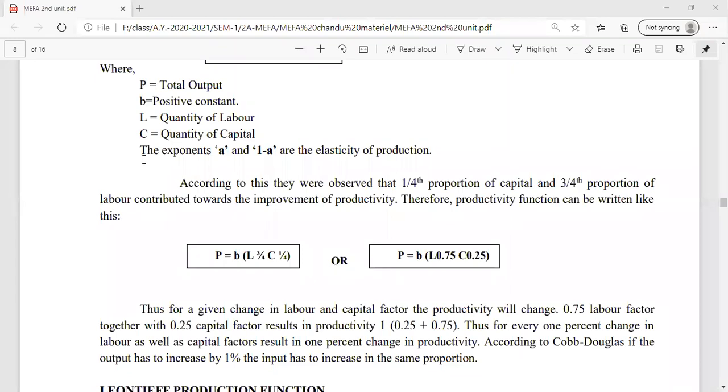Previously I got 120 bags of paddy. Now I am getting 240 bags of paddy. Do you get now? So I have increased the input by 100%, and the output is also increased by 100%. So that is called constant returns to scale.